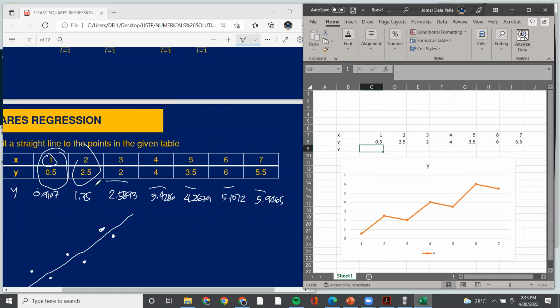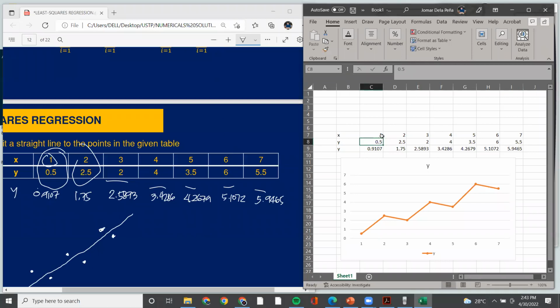Here is the line. We have 0.9107, 1.75, 2.5893, 3.4286, 4.2679, 5.1072, and 5.9465.